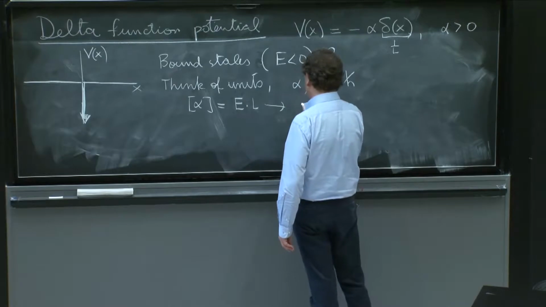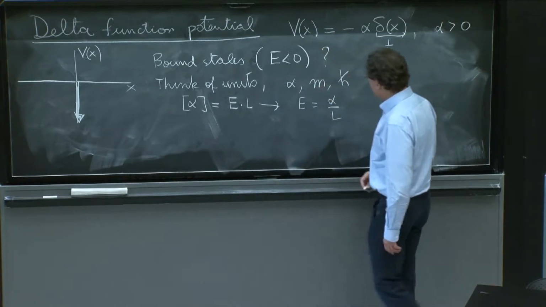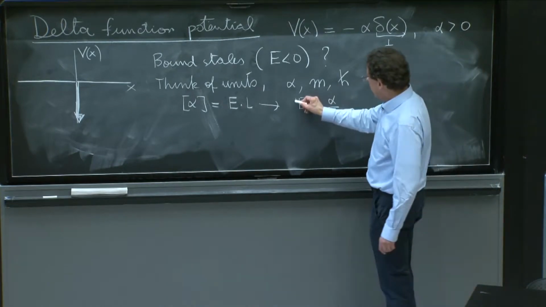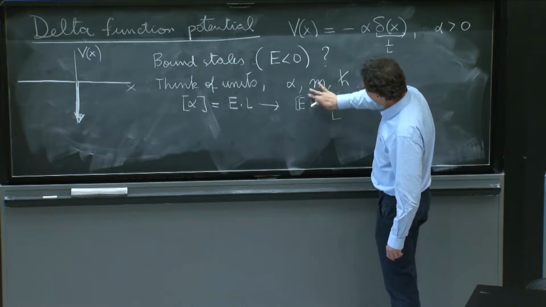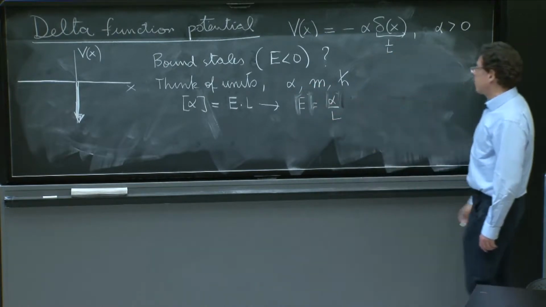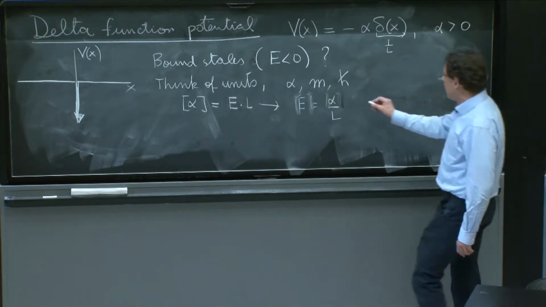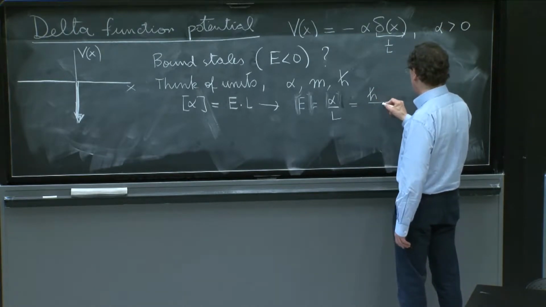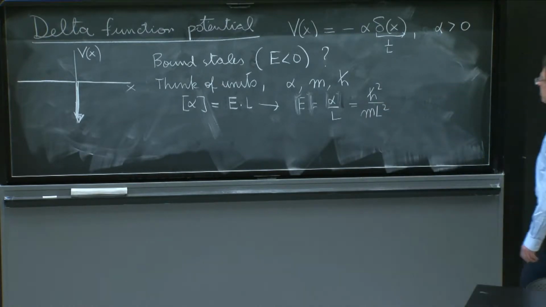So from here, we say that units of energy are alpha over L, and this is an equality between units. But in terms of units, energy, you should always remember, is p squared over m. And p is h bar over a length. So that's p squared, and that's m. So that's also units of energy.